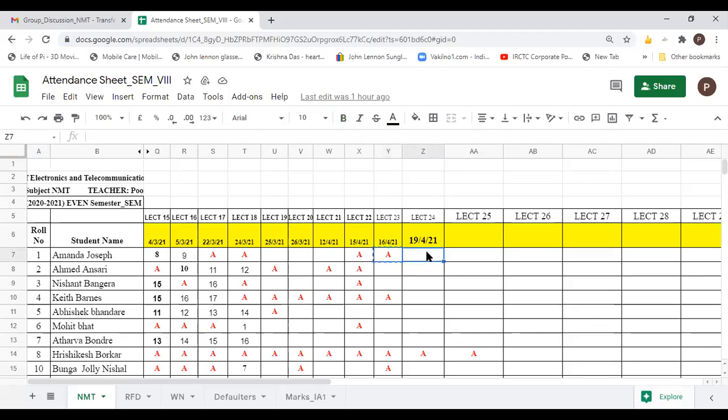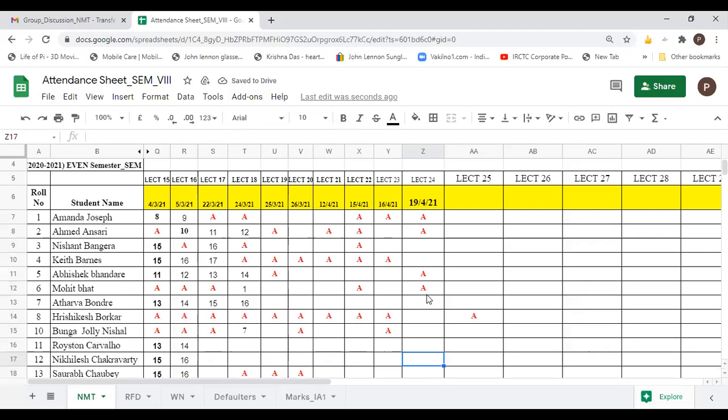Yes, roll number 1, 2, 3, present, ma'am. 4, present, ma'am. 5, Abhishek, 6, Mohit, 7, present, ma'am. 8, today Rishikesh is there, Jolly is there, Royston, present, ma'am.